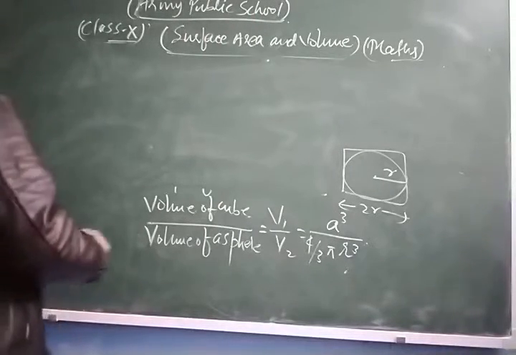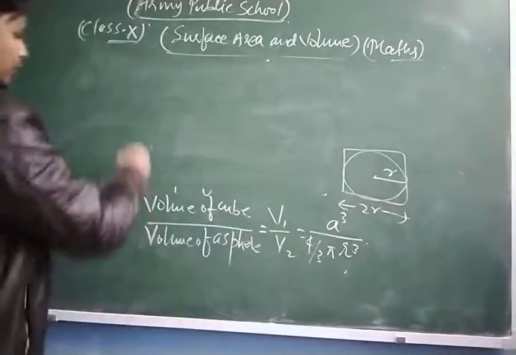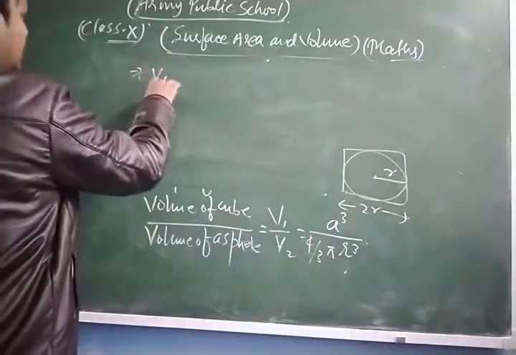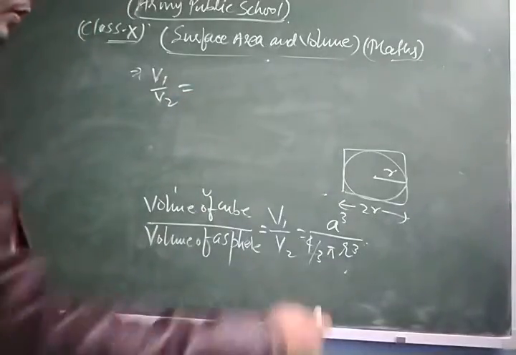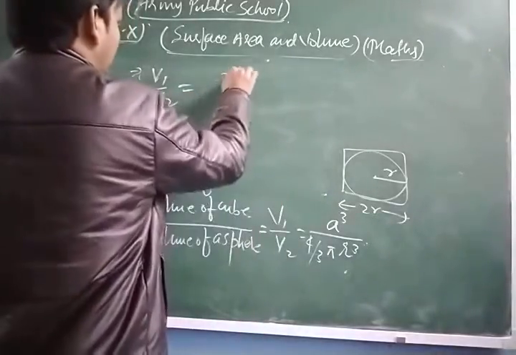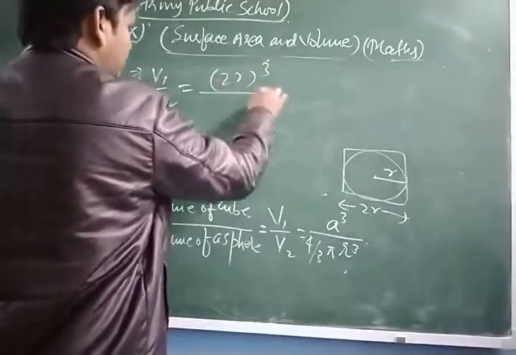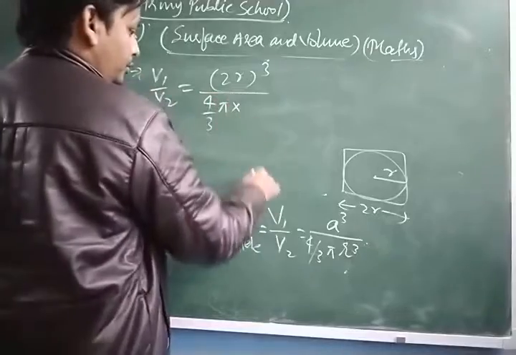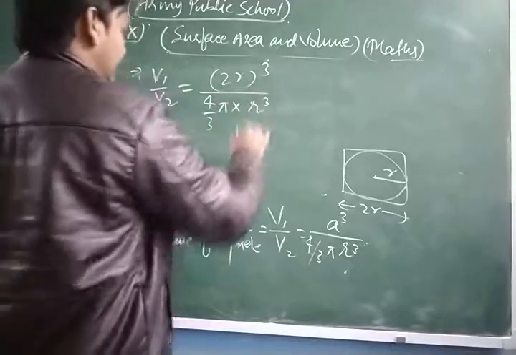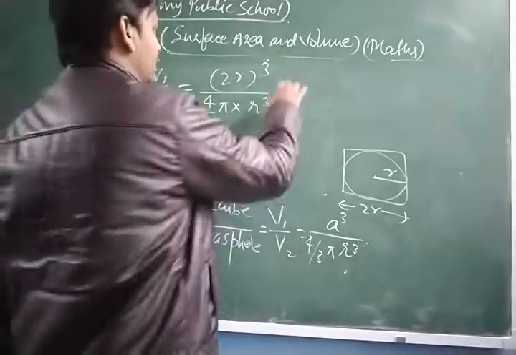Now we put all the values. Each edge of cube is 2R. So V1 upon V2 is equal to 2R cube upon 4 by 3 pi R cube. R stays as it is because we take R as the radius.